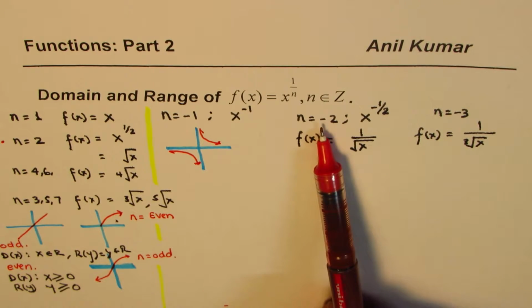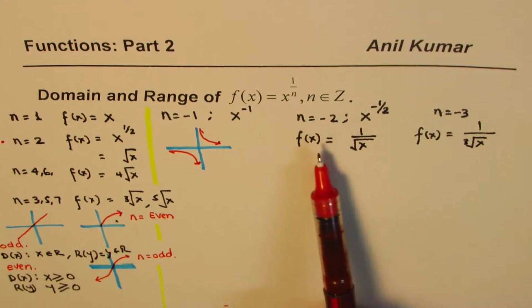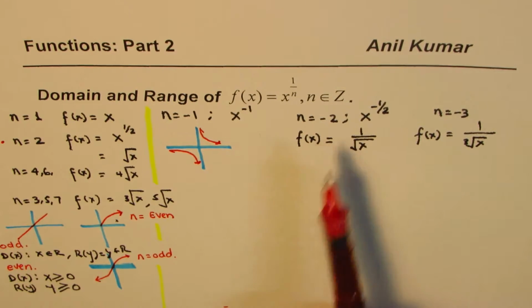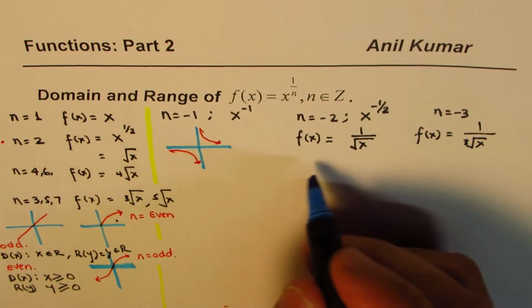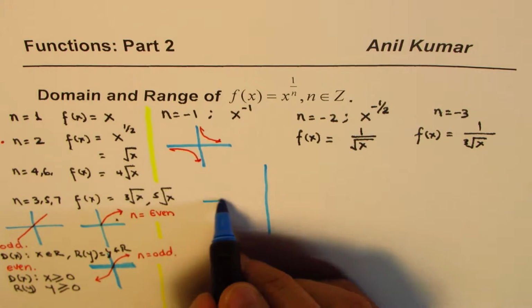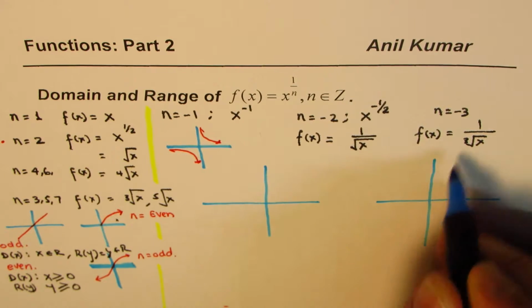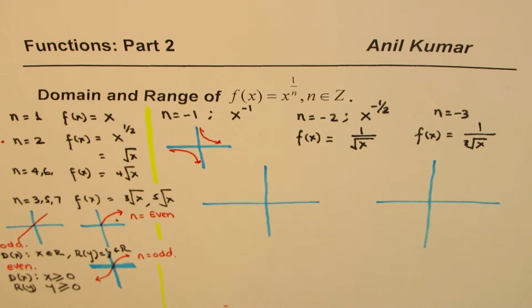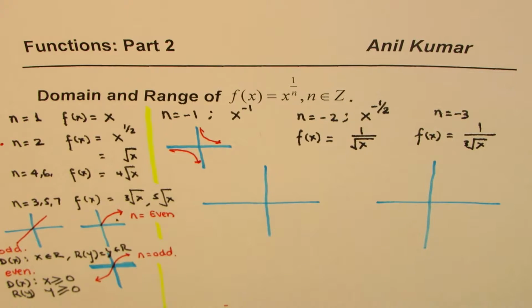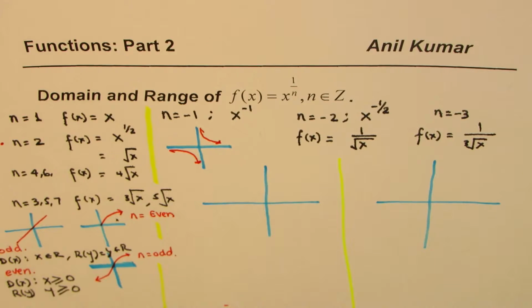When n is negative 2, or for that matter negative 4, negative 6, it will have similar graphs. So let me do that here, slightly bigger than this, since that is the main objective of this video. So we'll discuss these two now. Let me make a line in between so that we use this space for the discussion.